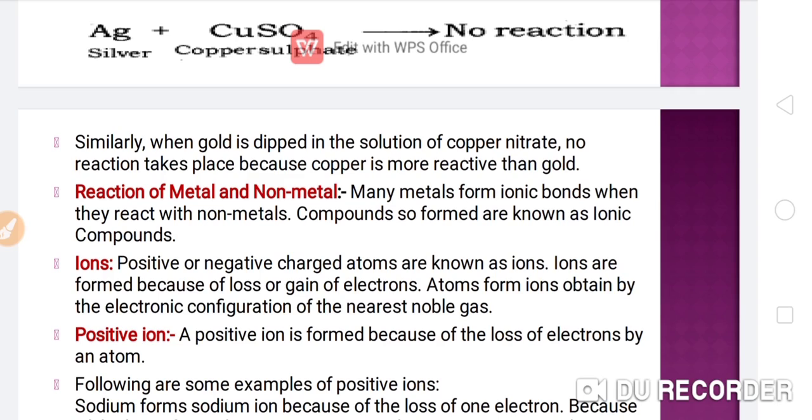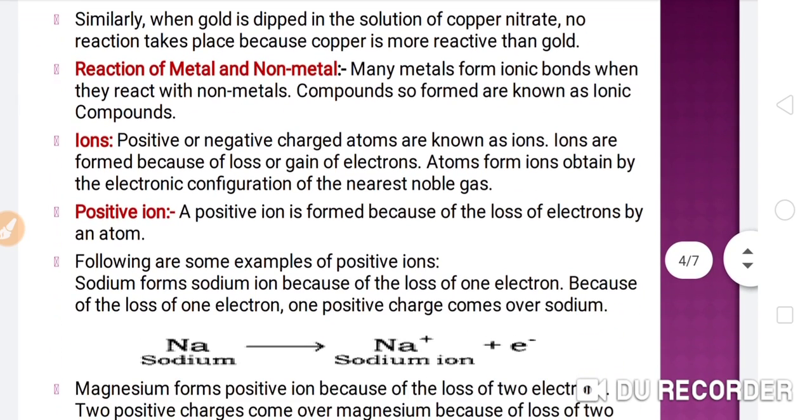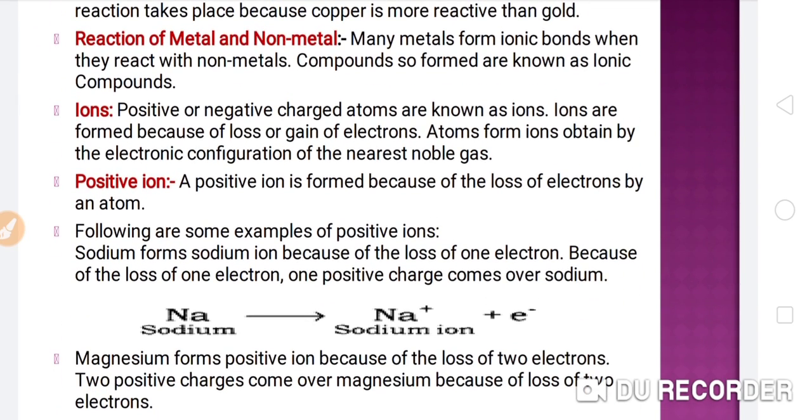Ions are formed because of loss or gain of electrons. Atoms form ions by attaining the electronic configuration of the nearest noble gas to get stability, or you can say to complete their octet. Here there are two types of ions. First, the positive ion, also known as a cation, and second, the negative ion, also known as an anion. First we are going to discuss the positive ion.